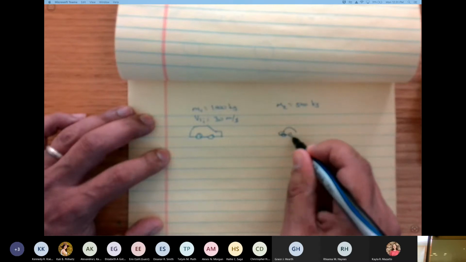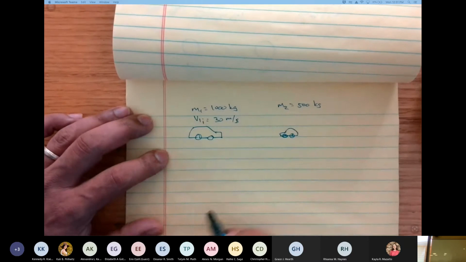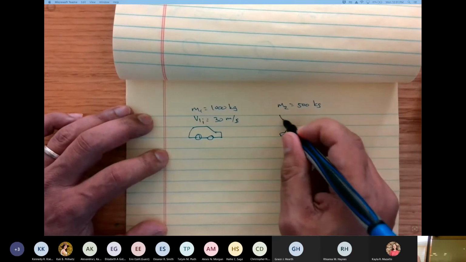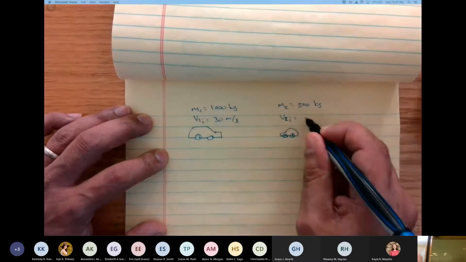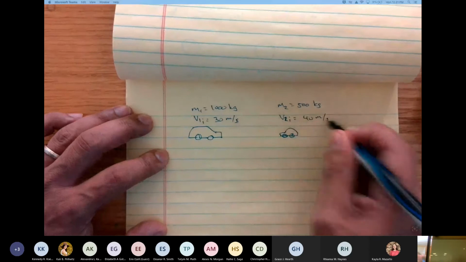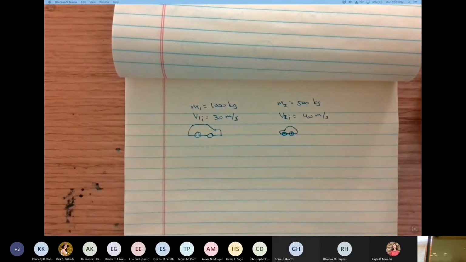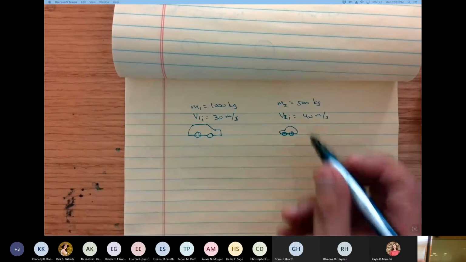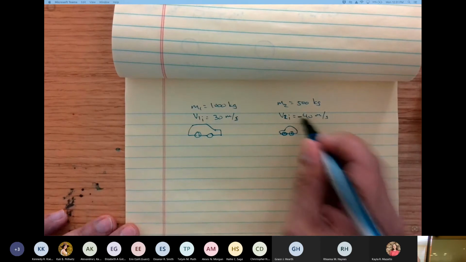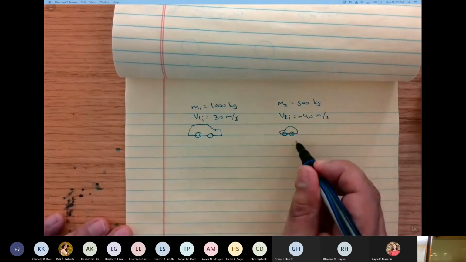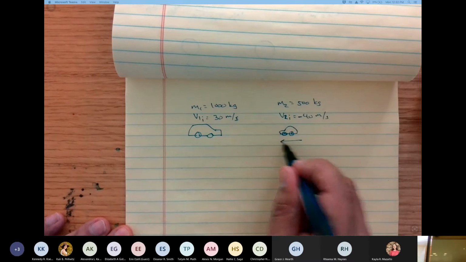And it has an initial velocity of 40 meters per second. However, they are going to face each other, so I'm going to say that the second velocity is going to be negative 40 meters per second. So you can imagine that this car is going to go like this, and the second car is going to go like that.